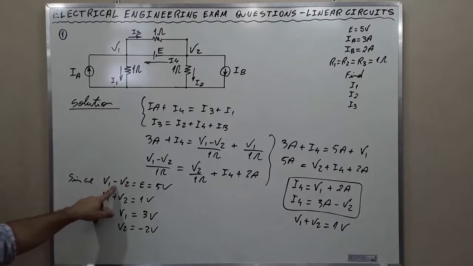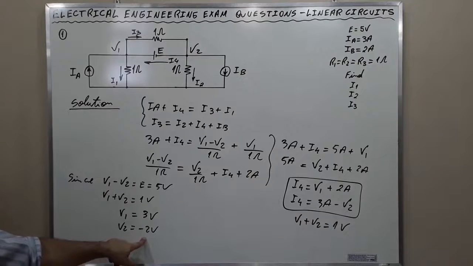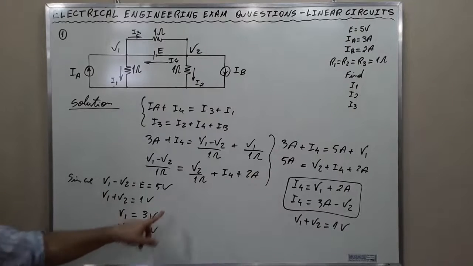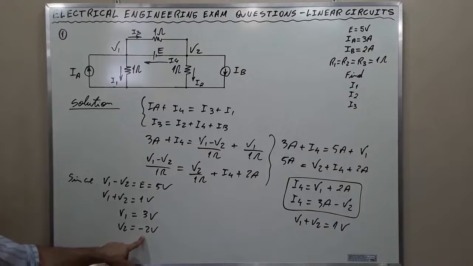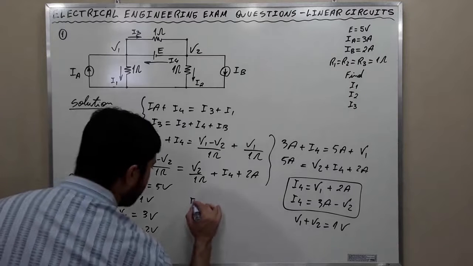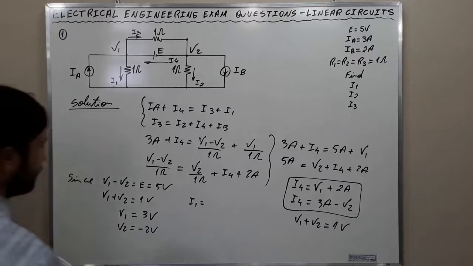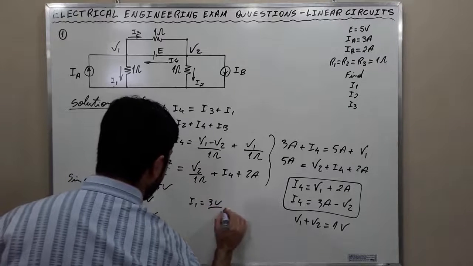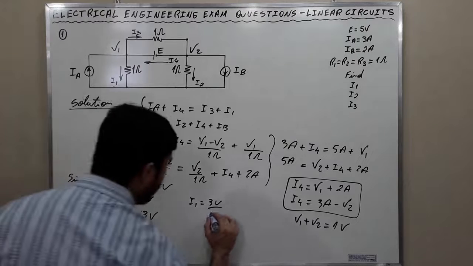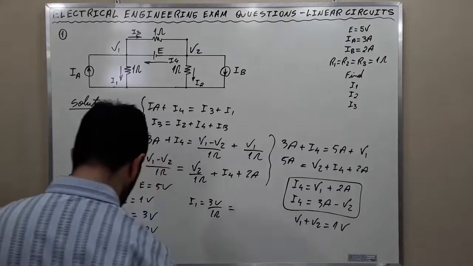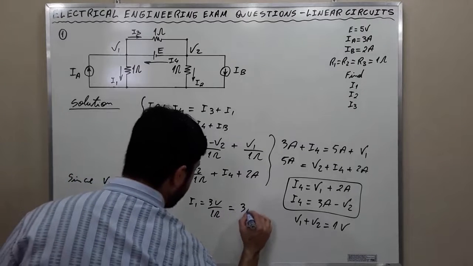V1 minus V2 is equal to 5, okay? 3 minus negative 2 is equal to 5, okay? You invert the sign here. And since I1 is equal to V1, 3 volts, divided by 1 ohm, we know that I1 is 3 amperes.